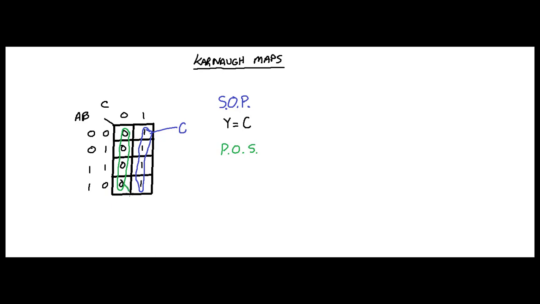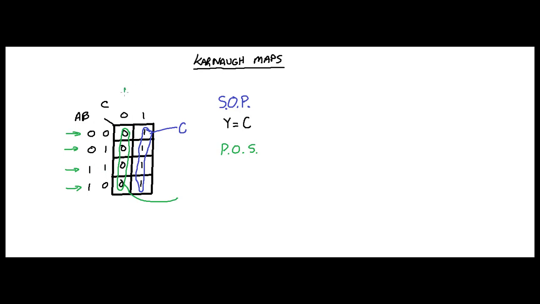So for that one, what's that grouping equal to? Well, using the same method, it encompasses all 4 of these rows, doesn't it? That group of 0 goes from this top row down to the bottom row. And in each one of those rows, A changes, just like it did for the blue one, 0 to 1, and B changes from 0 to 1 and then back to 0. So we discard A and B.